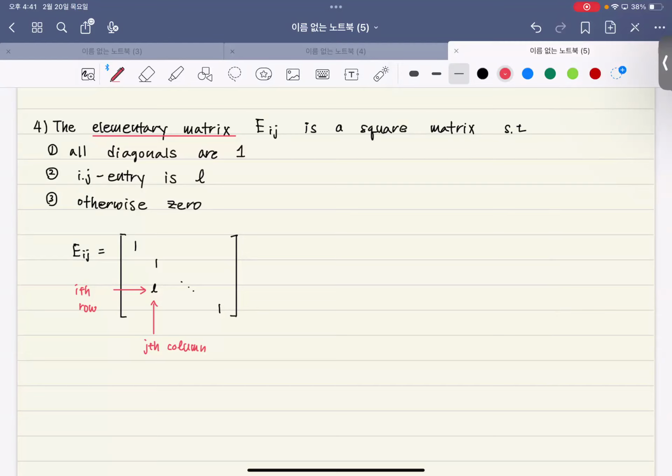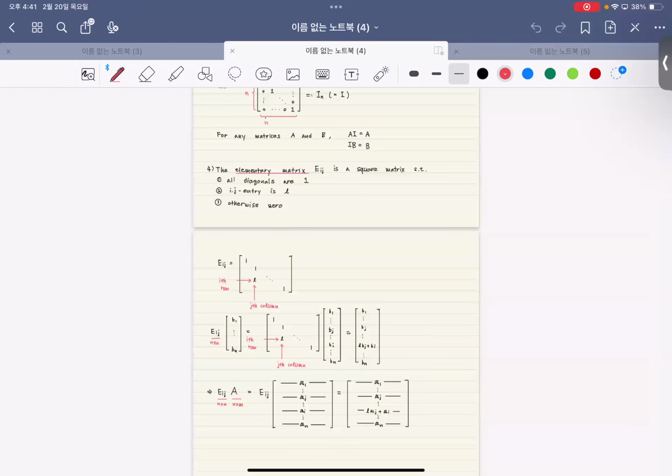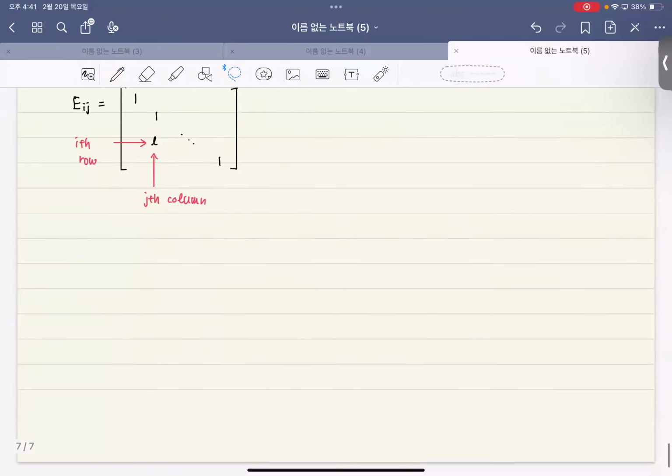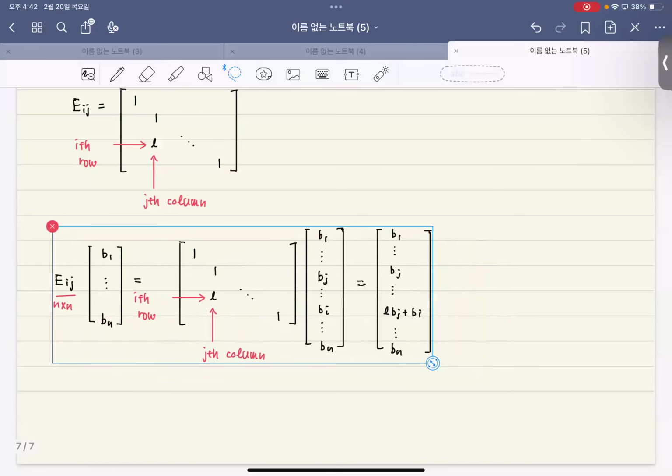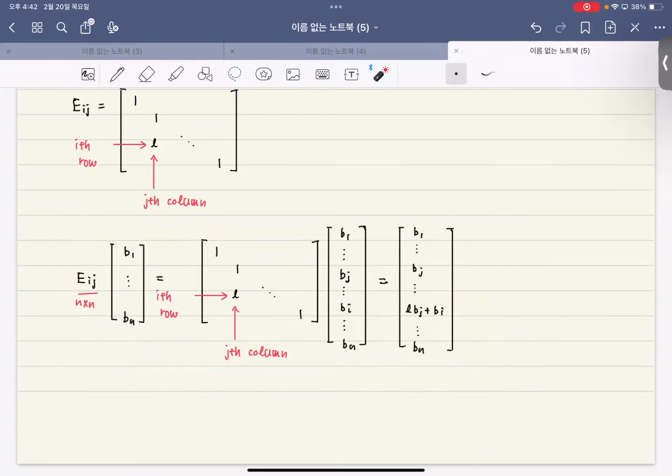Okay, so this is an elementary matrix, and why do we even care about it? There are very interesting properties of the elementary matrix. Suppose that I have an n by n elementary matrix E_ij being multiplied on the right by an n by 1 column vector.